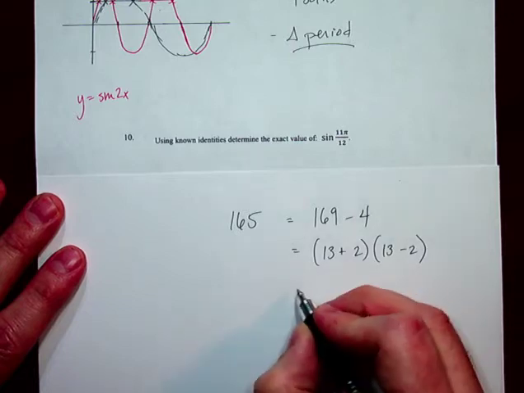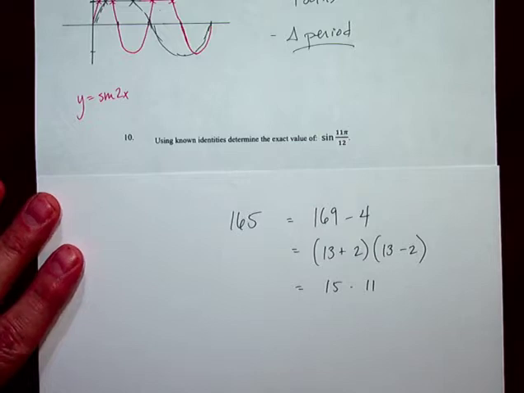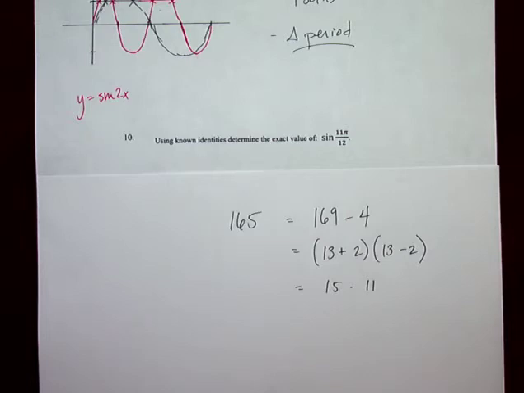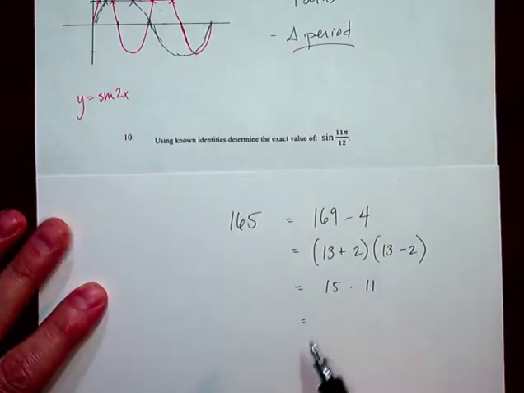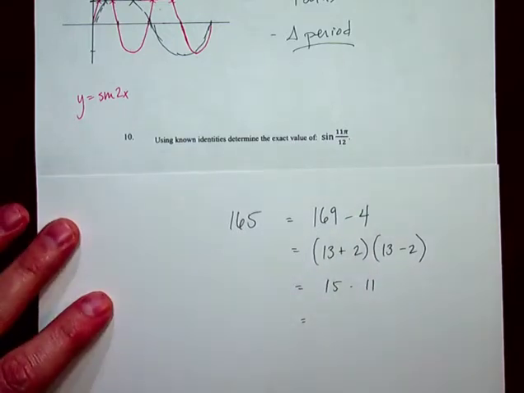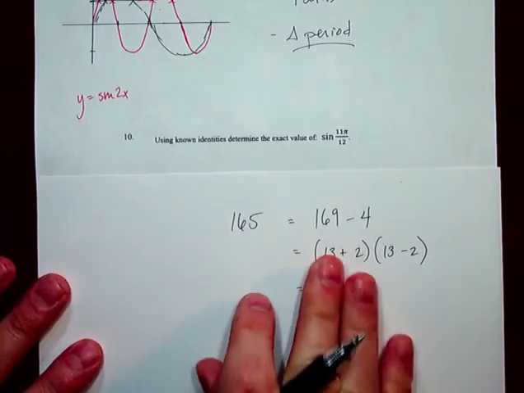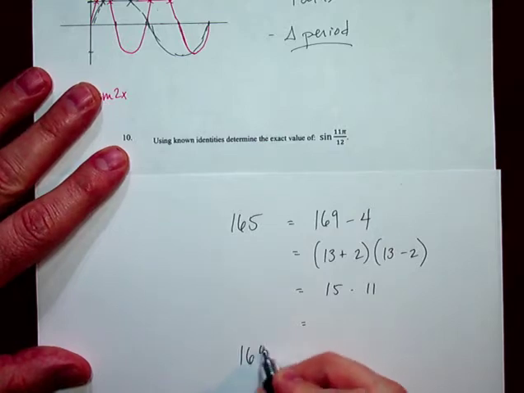And so that's 15 times 11. It works for numbers too, right? I know we usually only use it when we're thinking about variable expressions, but the difference of two squares works for variables because it works for numbers. And so basically this principle holds. So you could actually do it for 168.